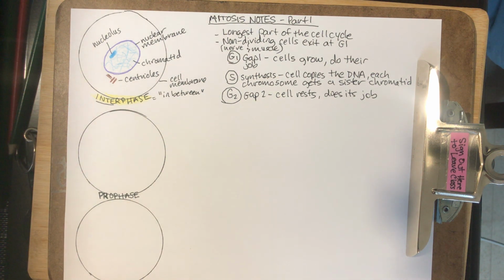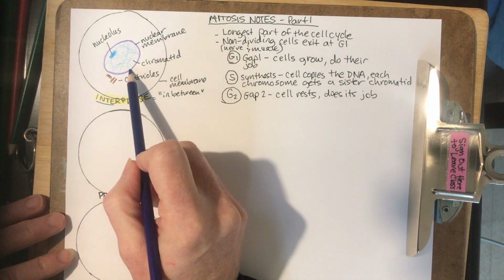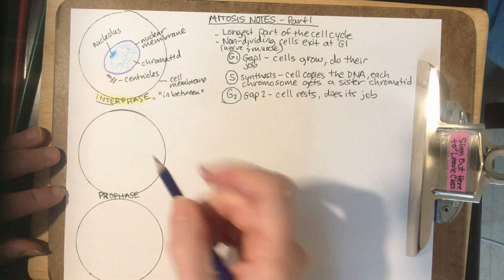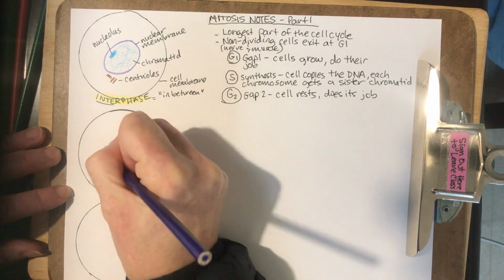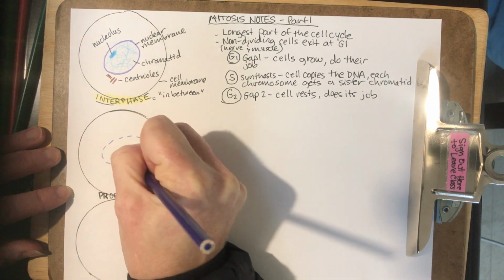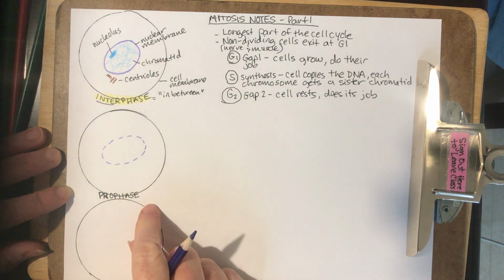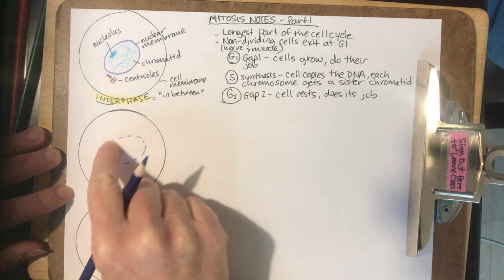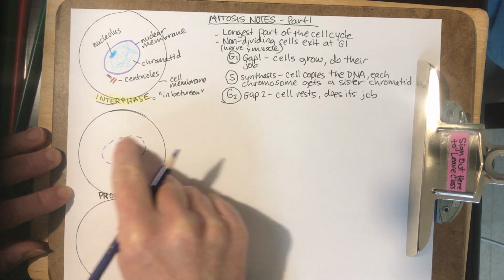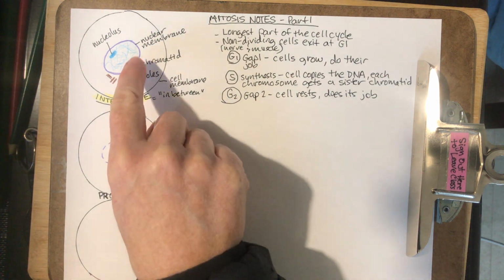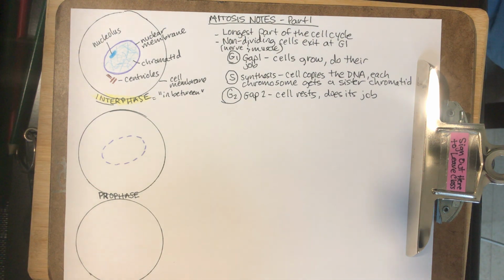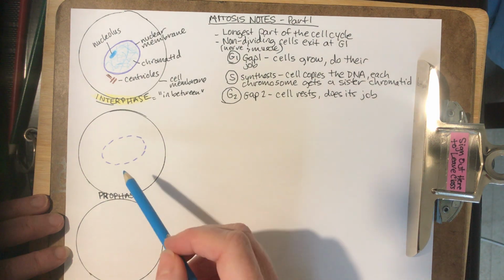So I'm going to switch back to my color pencil mode. I'm going to grab my indigo color I used here for the nuclear membrane. And I'm going to draw it a little bit differently this time. I'm going to draw it with a dashed line because prophase means early or beginning. During prophase, the nuclear membrane starts to break down. So we draw it like it has these little holes. It's disintegrating. Some other things that are happening: the chromatin was condensing, and at the end of interphase everything was getting copied, and we have these sister chromatids.